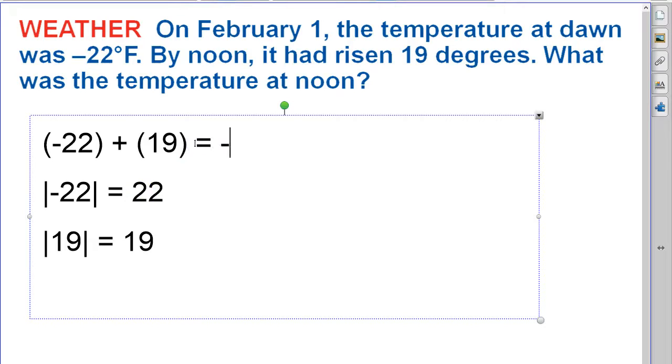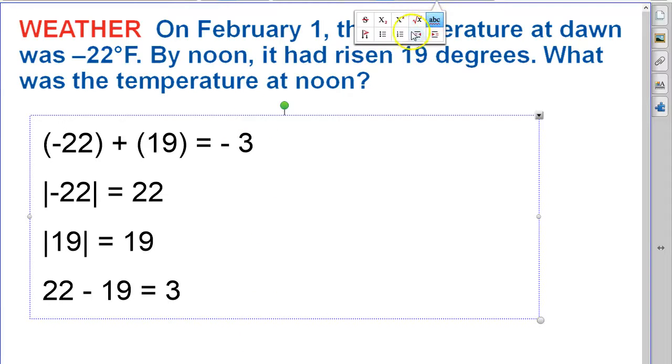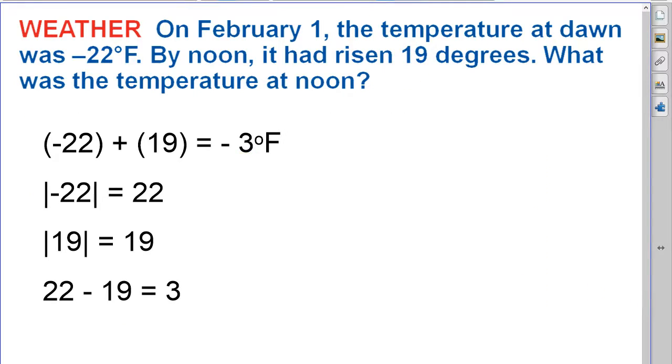So we know it's going to be negative. And now the question is, what's 22 minus 19? Well, it's 3. So it's negative 3 degrees Fahrenheit.